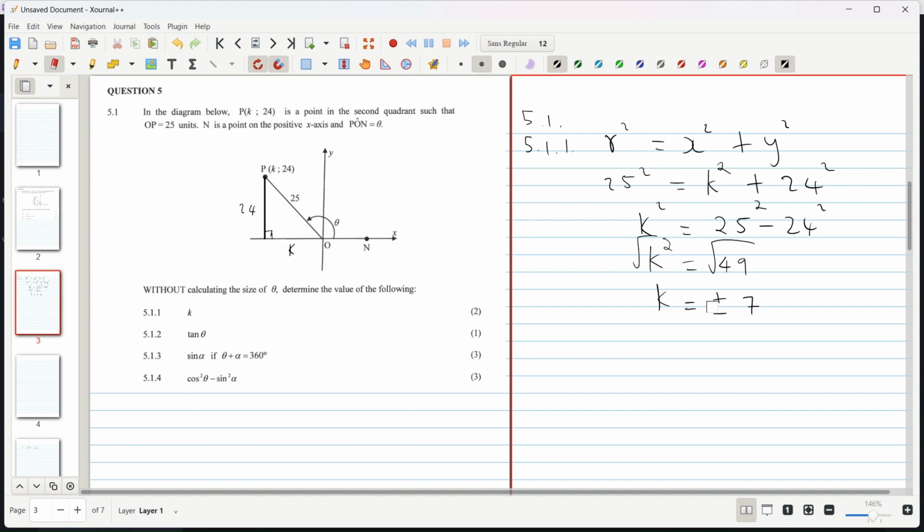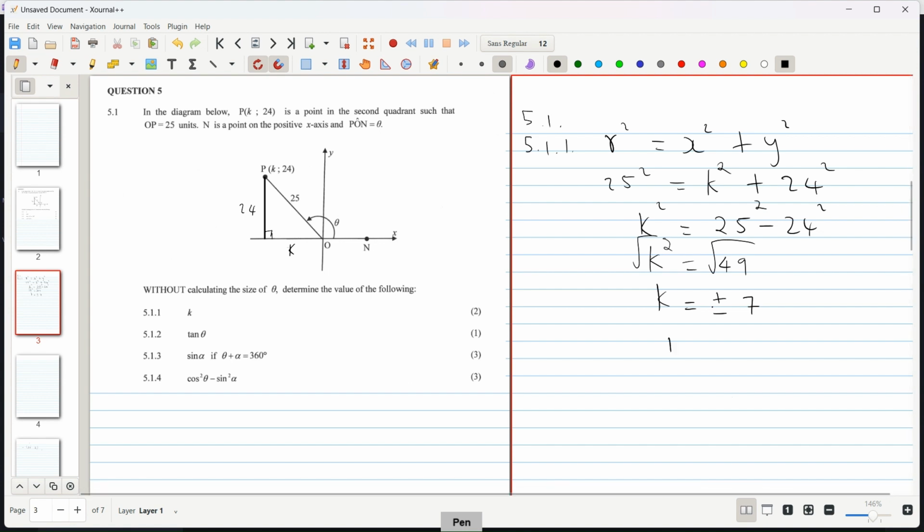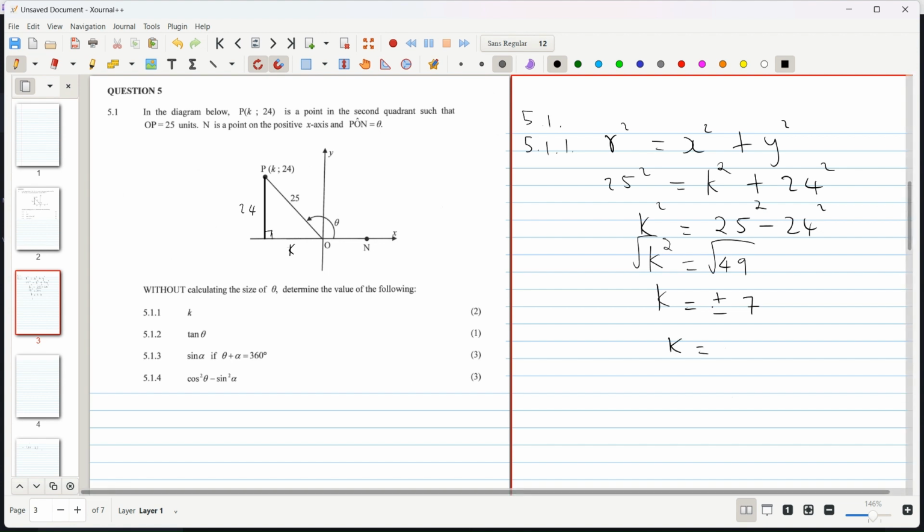On the second quadrant, the value for k, which is our x, our adjacent, is negative. So we have to select negative 7. So the value for k is negative 7.